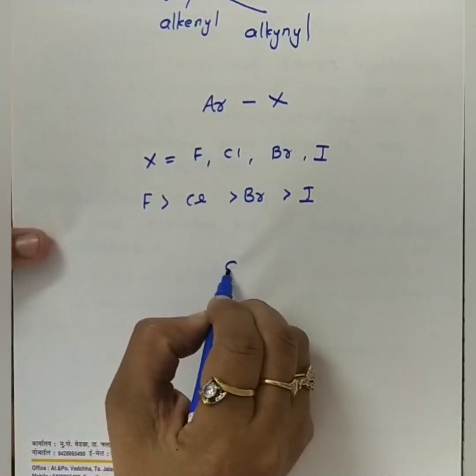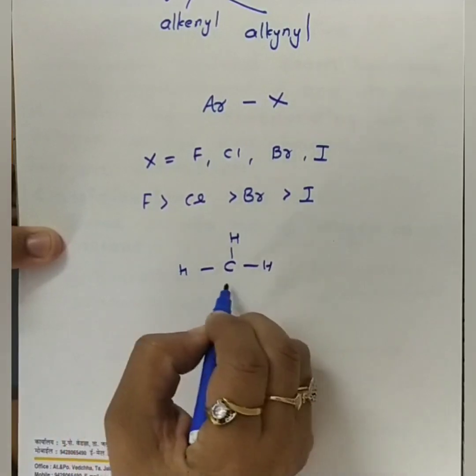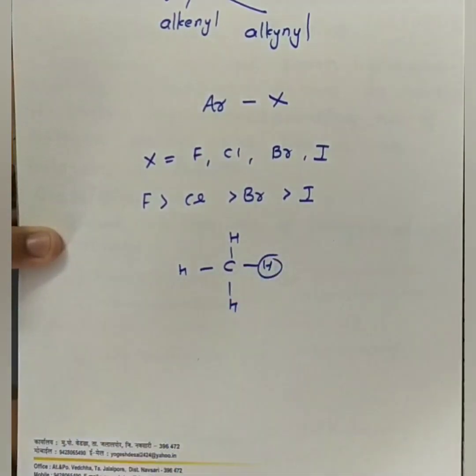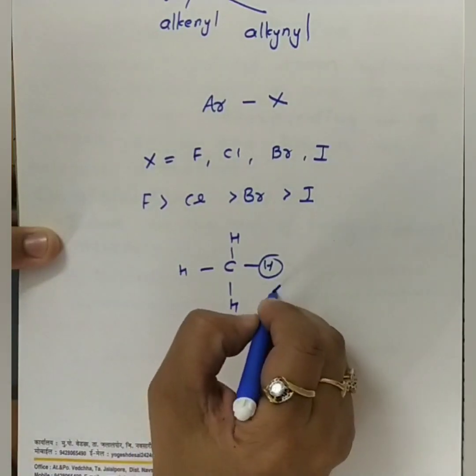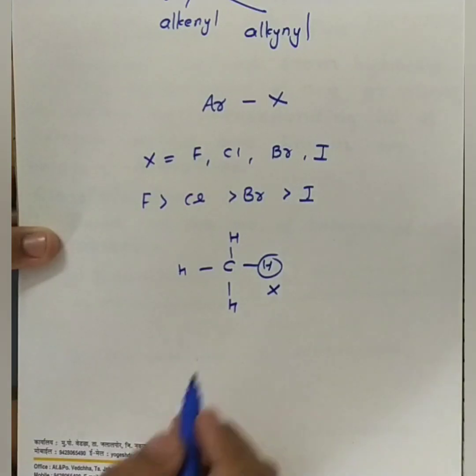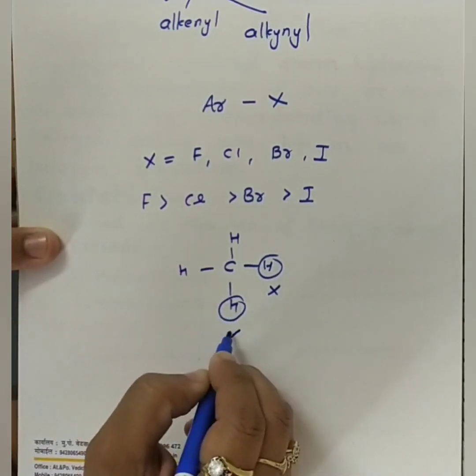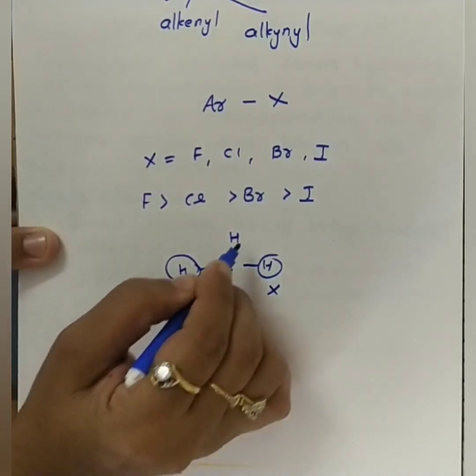Let's talk about methane. Methane has 4 hydrogens. If we replace any hydrogen among these 4 with a halogen group, then this is nothing but a haloalkane. If more hydrogens are replaced by halogens, then also it is included in the derivatives of halogen.